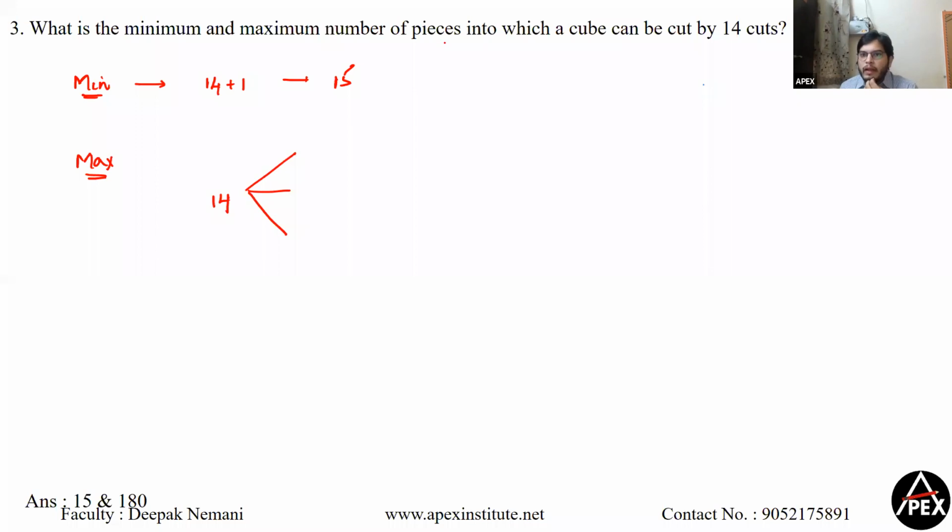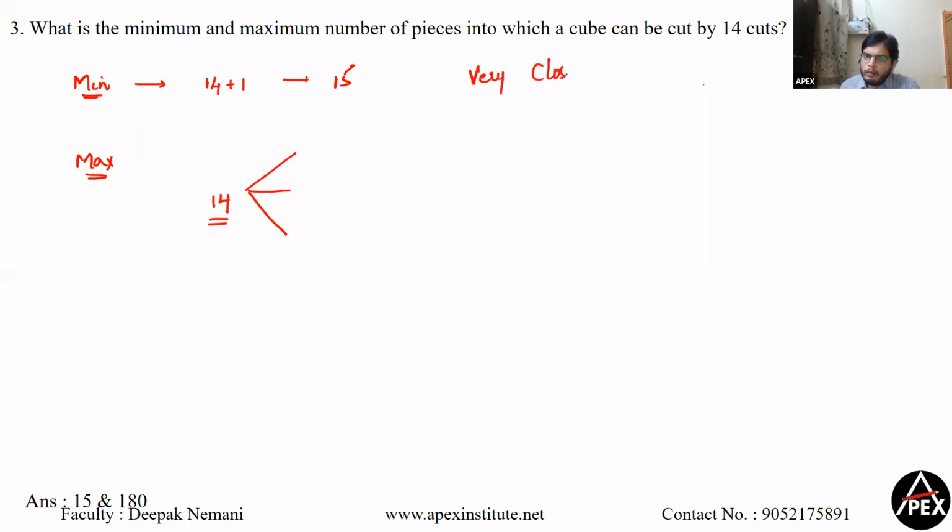Do we have anyone with the answer 175? Yes, we have answers with 175, 144. In these types of questions, when the total is not divisible by 3, we need to be careful. We have to divide this 14 into 3 numbers such that they are very close to each other.